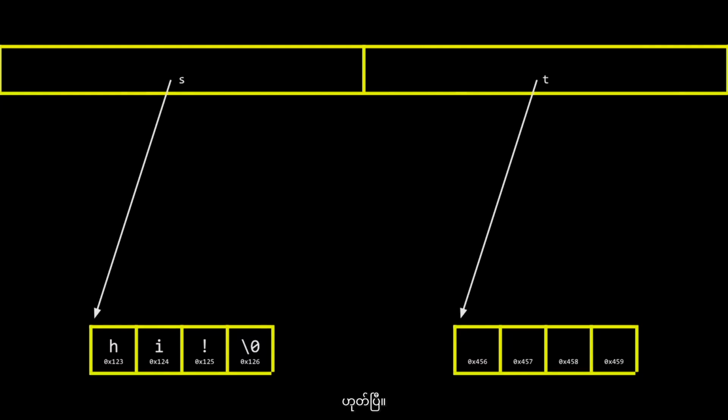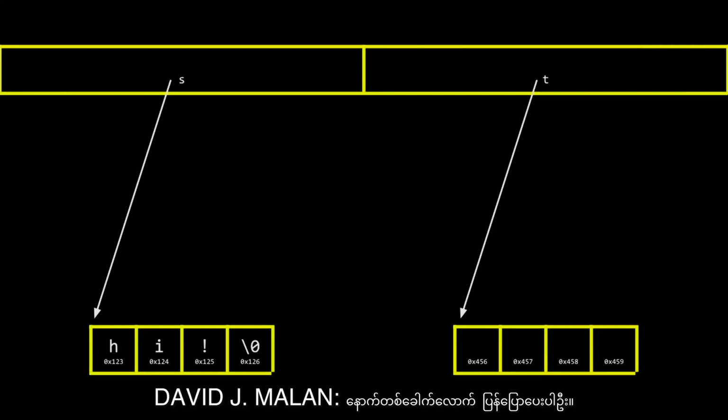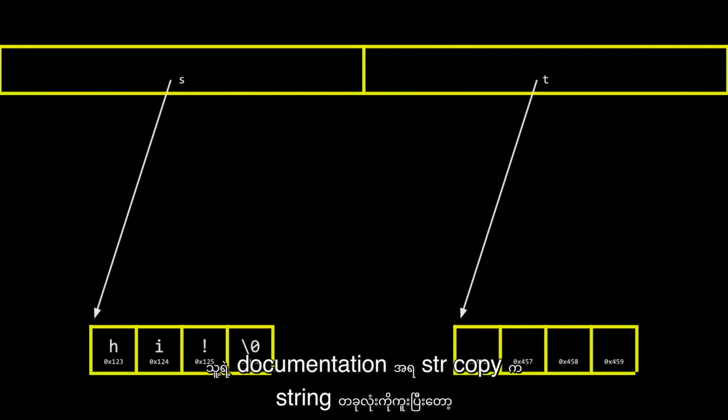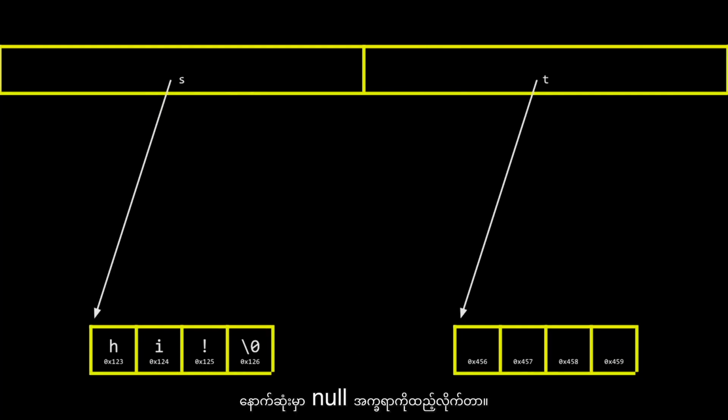Yeah? Say that once more. If you wanted to copy the last character of s, would the computer just fill in the last box? No, it will. Good question. Strcpy, per its documentation, will copy the whole string plus the null character at the end.